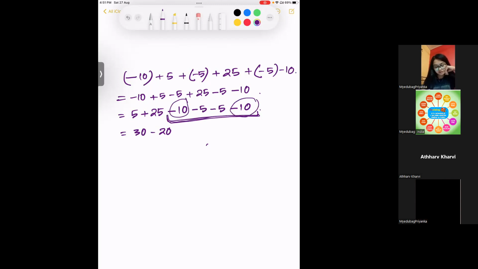Add minus 10 and minus 10. So it is minus 20. Then what are the two others left?